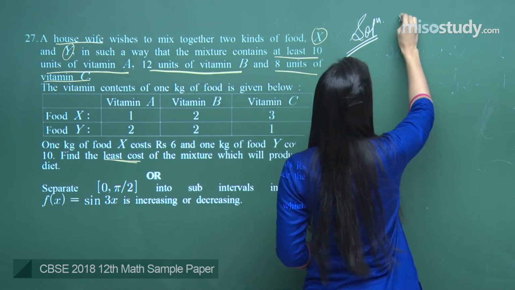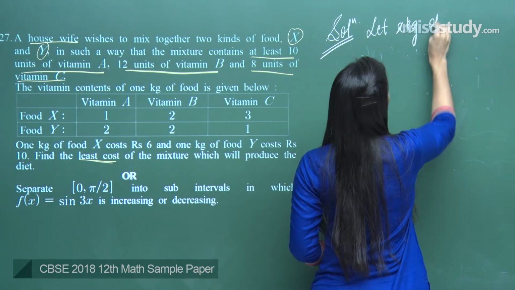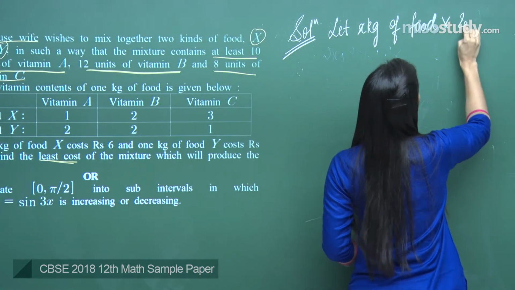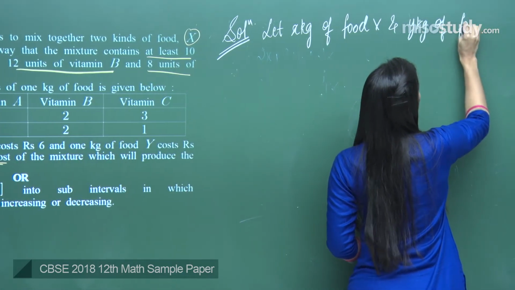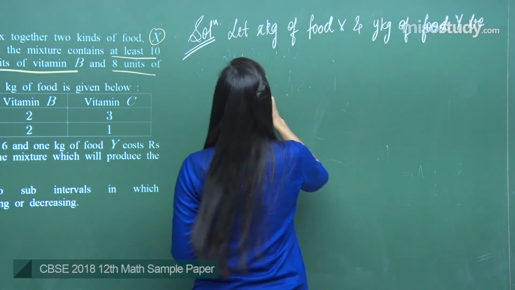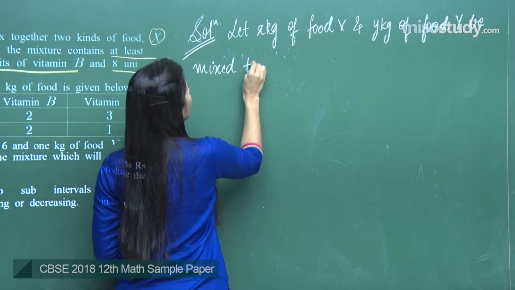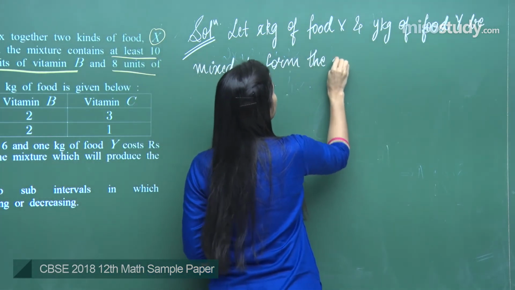So let X kg of food X and Y kg of food Y be mixed to form the mixture.